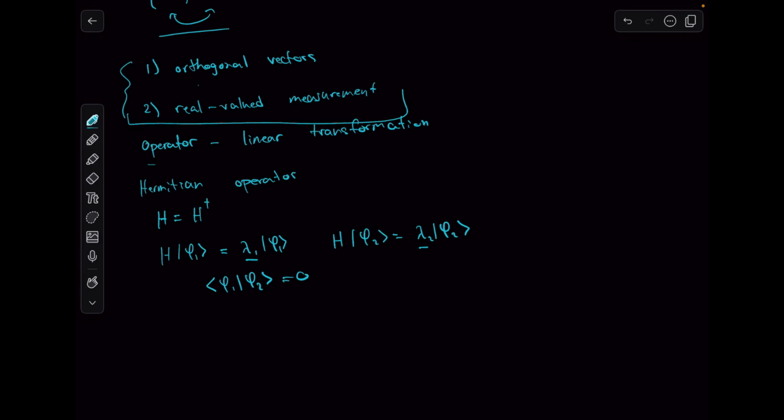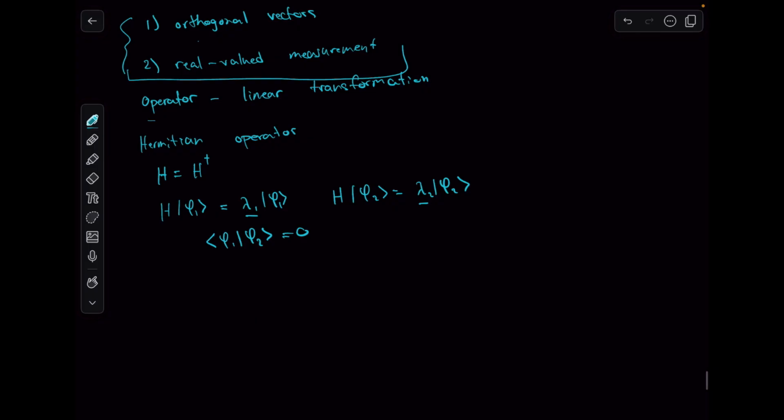And then the eigenvalues corresponding to each of those eigenvectors are going to correspond to the actual measurement values we're going to get per state. So this will be useful to us in the following videos. And I just wanted to get it out of the way before I started talking about these Hermitian operators, just so that there's a little bit of intuition behind what is actually meant by this.